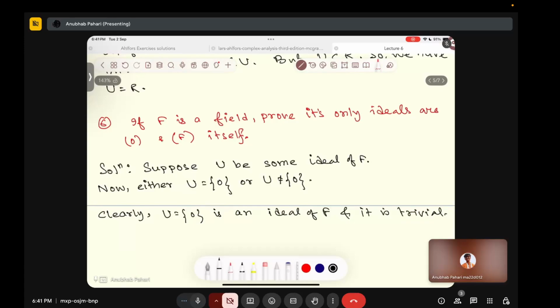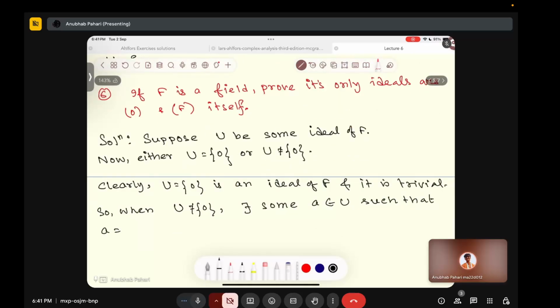So when U not equal to 0, there exists some a in U such that a is not equal to 0.